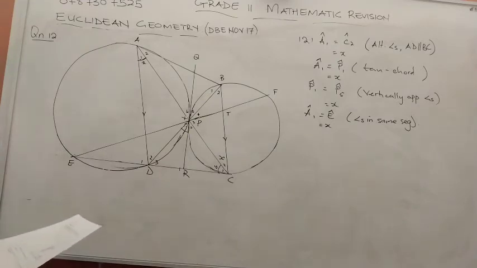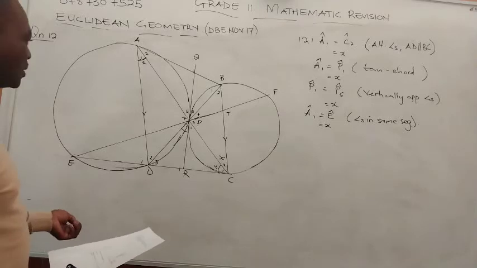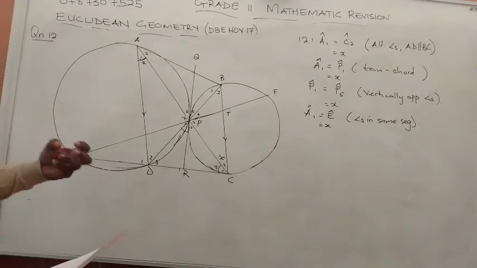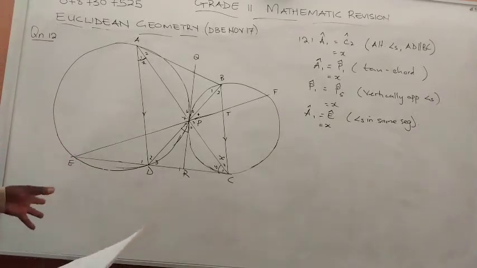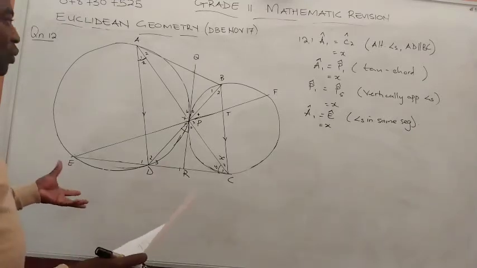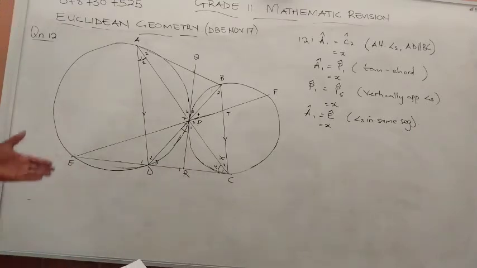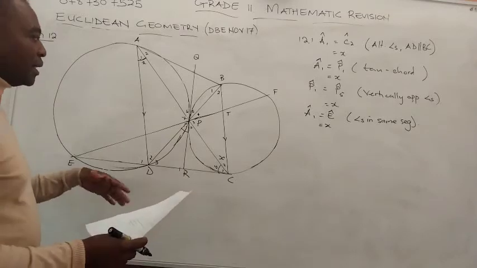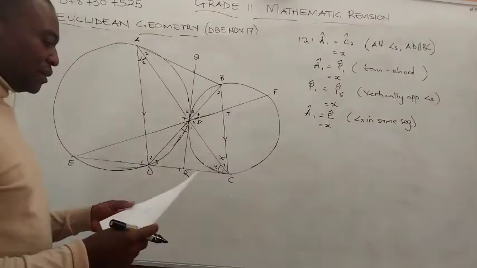So basically it's all about application of theorems, trying to see the theorems from the given information and using the facts that we know, like on parallel lines and lines that cross.